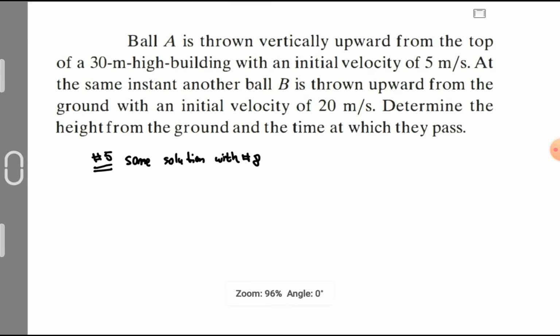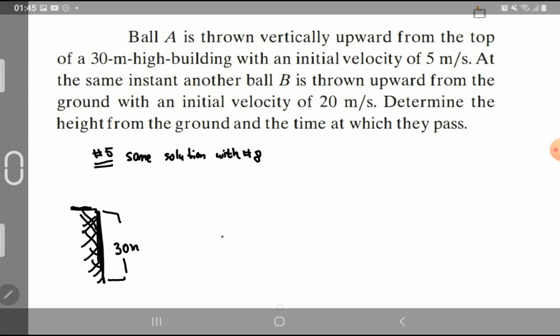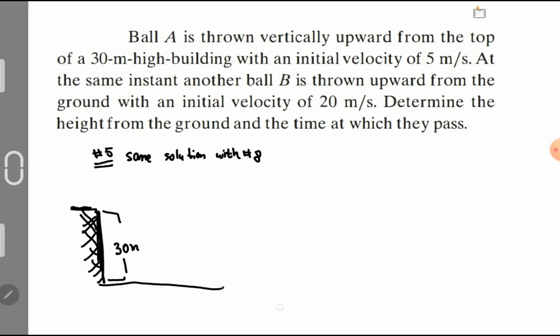Okay. So there are two balls here which are thrown on building. This is the building, which is basically your 30-meter high building. Okay. And then from the ground, so let's say this will be our datum.